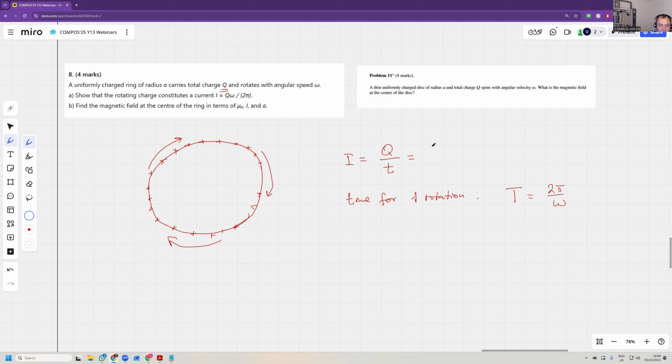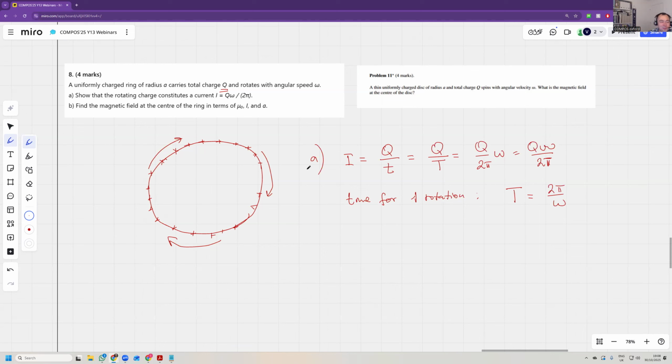Therefore, it's Q divided by the time period, which is Q omega divided by 2 pi. That's the current due to the ring spinning.